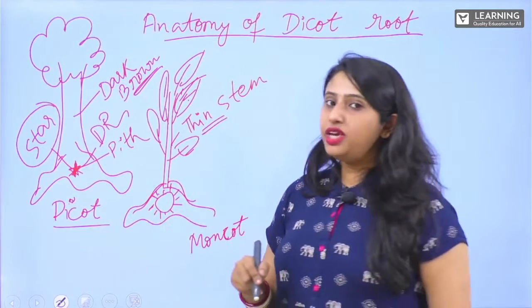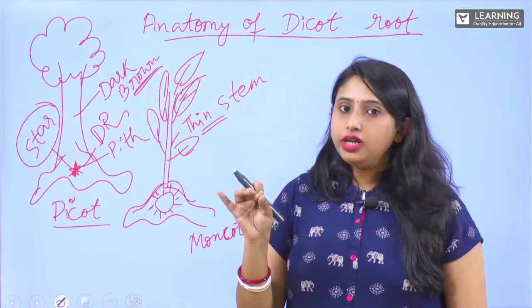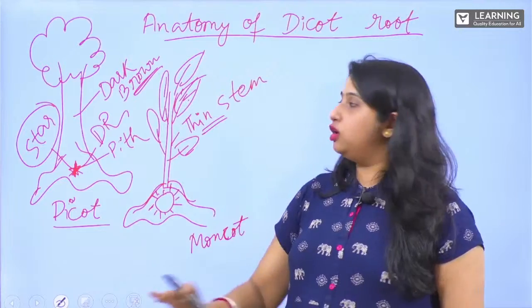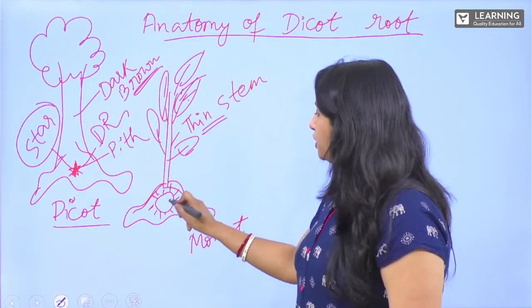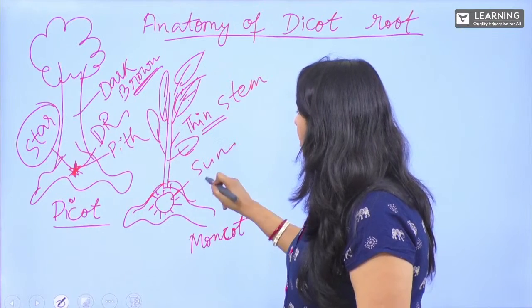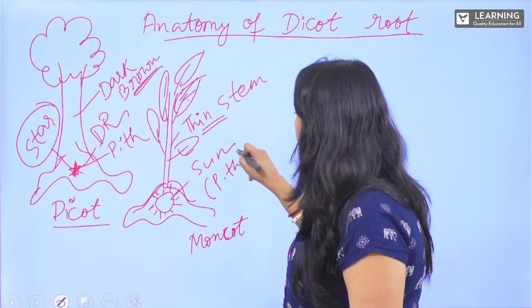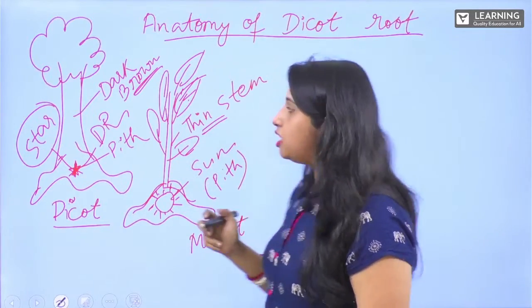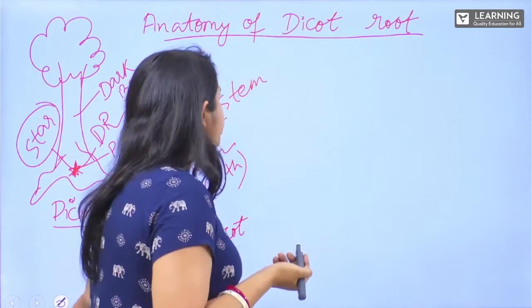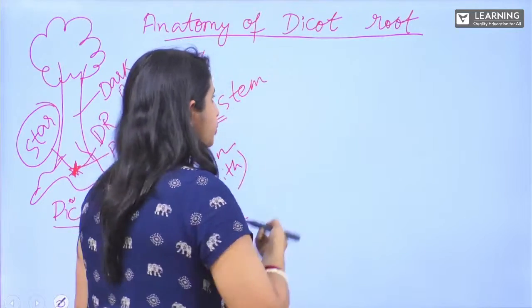That means the pith will be very small in case of your dicotyledonous roots, whereas in monocots this is the pith and the pith will be large. Remember this.